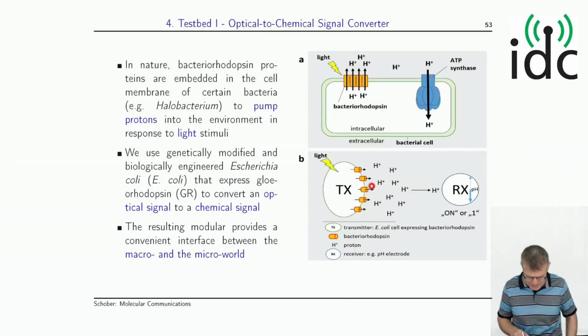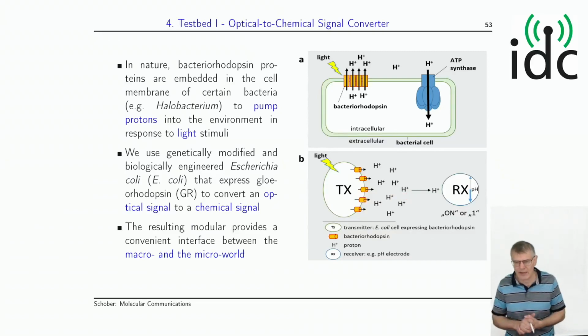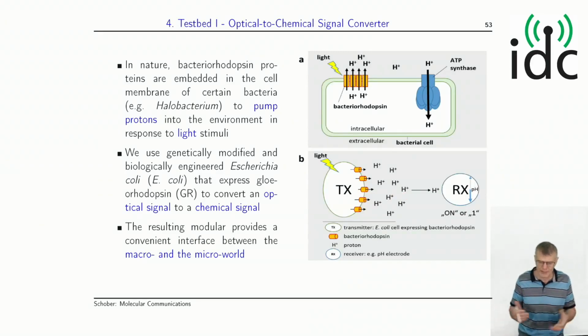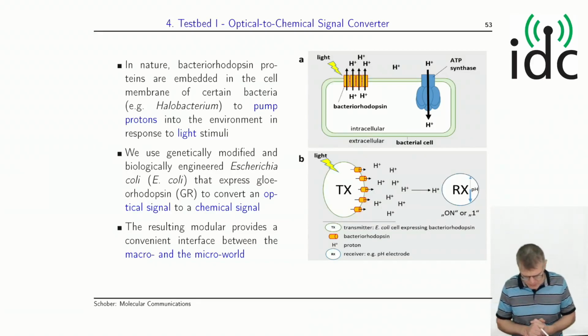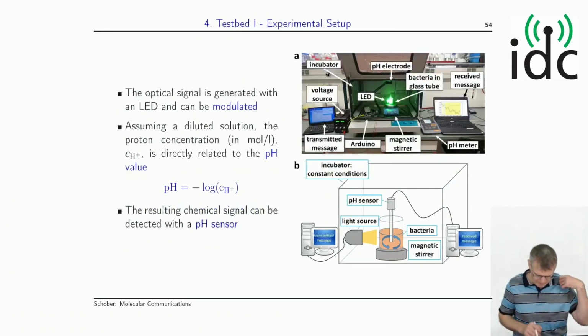The protons are then our signaling molecules, and they can be detected at a receiver, and with this, as we will see, you are able to send, as a proof of concept, simple 0-1 messages. So basically, this is sort of an interface between a macro scale and a micro scale molecular communication system, really an optical to chemical modulator.